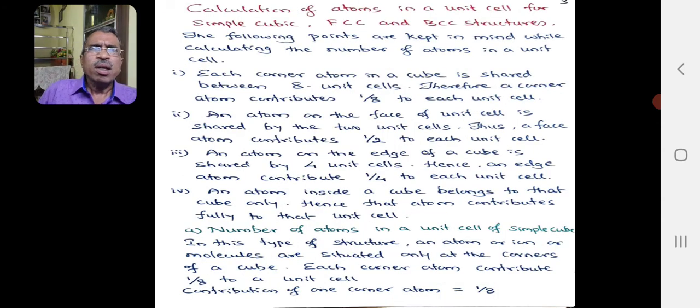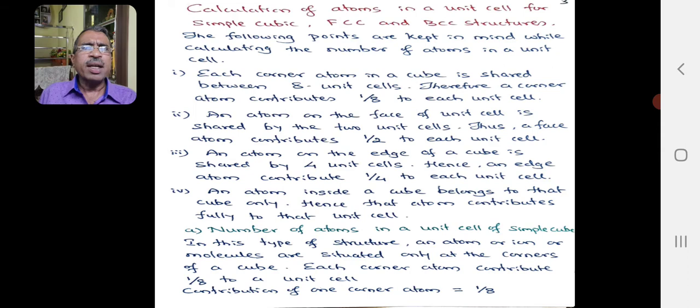Now coming to another important aspect in solids, that is calculation of atoms in a unit cell for simple cubic, face-centered cubic and body-centered cubic structures. To know about this, the following points are kept in mind while calculating the number of atoms in a unit cell.